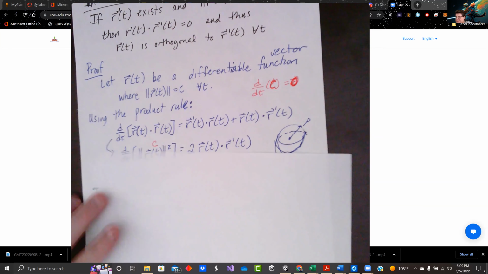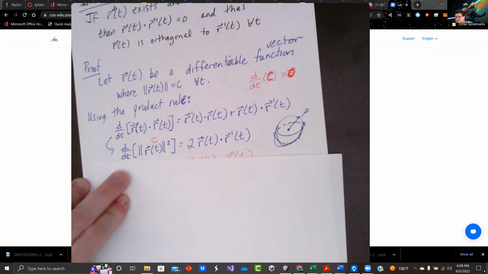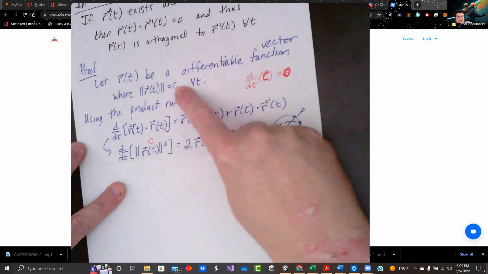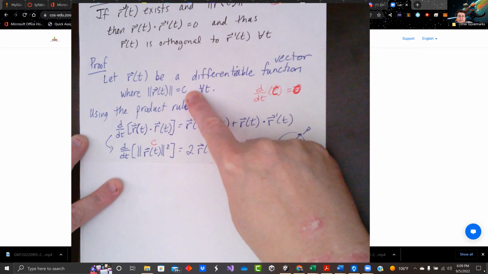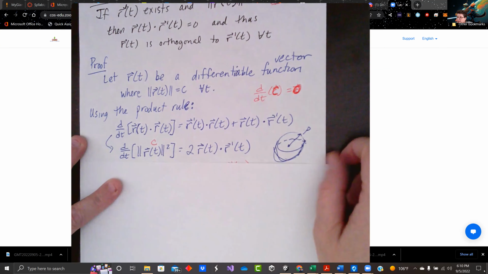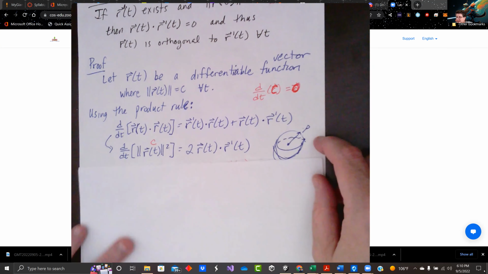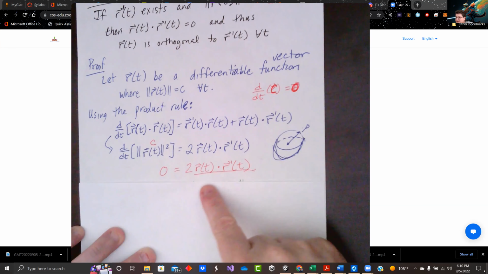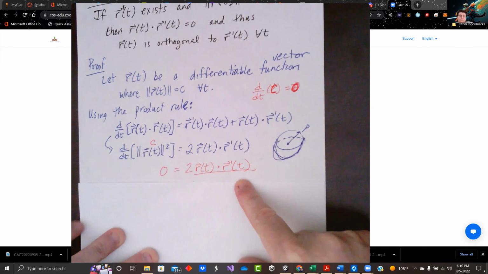So we have the time derivative on the left, time derivative of a constant value. The magnitude is constant. We declared that up here as part of the requirements. These two are the same. We combine them together, we get 2. The left side equals 0. I can divide by 2 and I get r of t dotted with r prime of t equals 0.